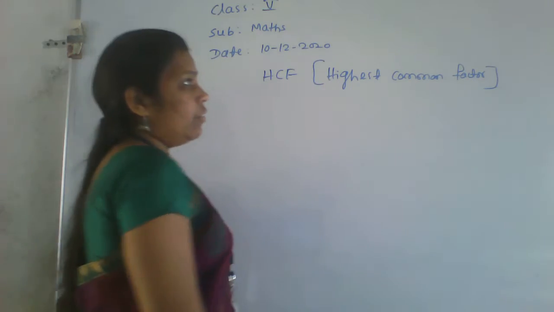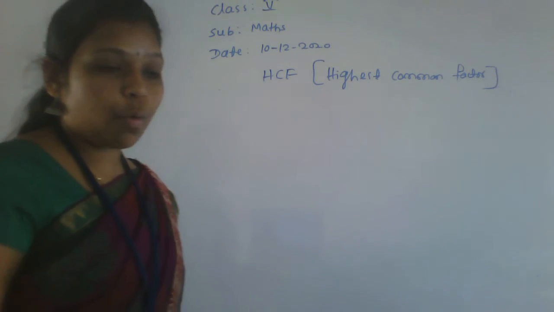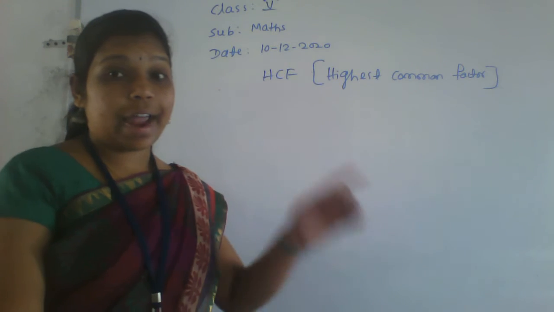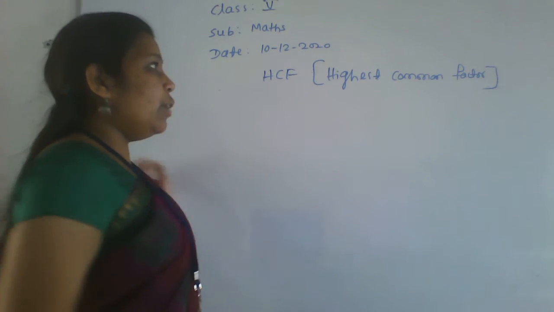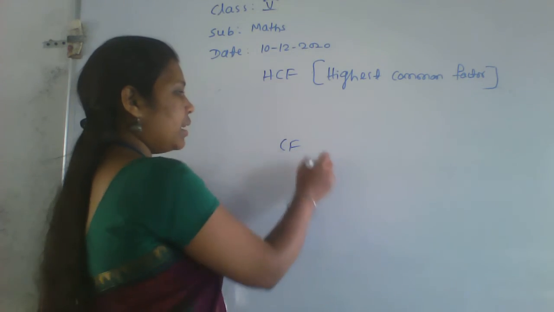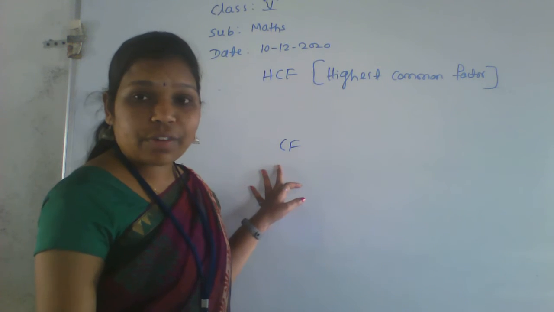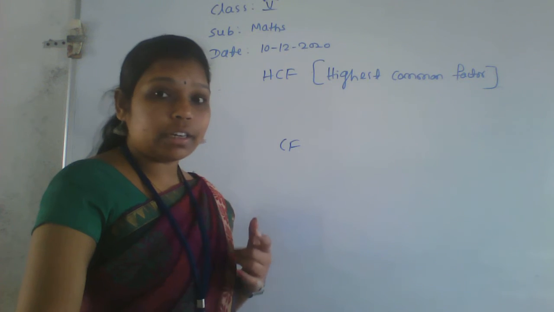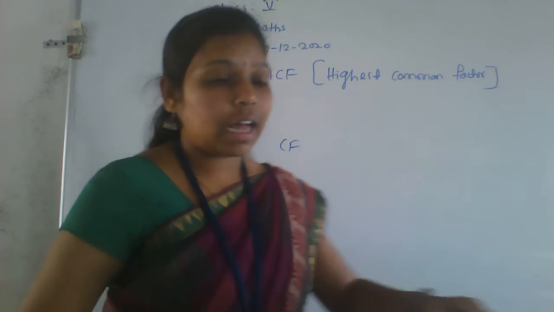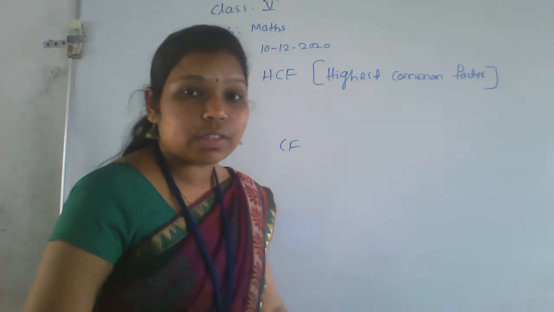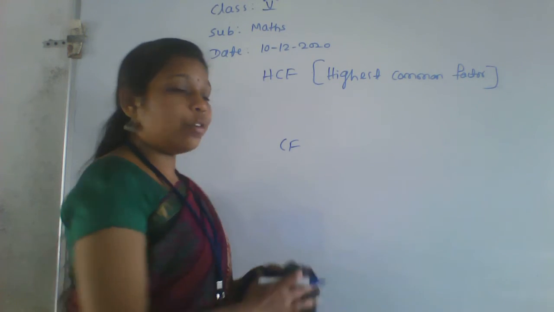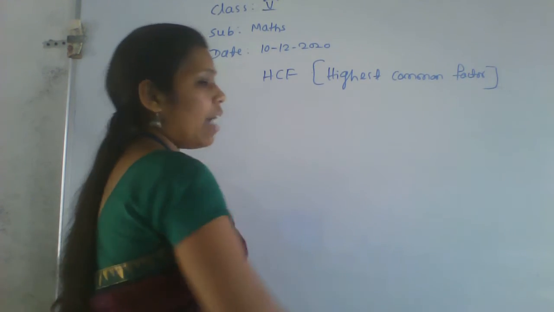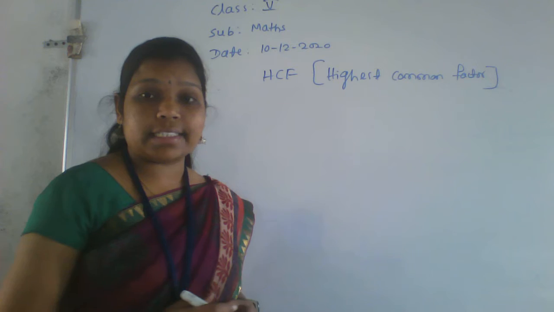Okay. In 4th standard only, I told what is the meaning of HCF and LCM. Right? You know already CF. CF means common factor. You already found so many common factors in 4th standard, right? I only taught you how to find the common factors, all those things you already learnt in the 4th standard only. Now we are having HCF and LCM.